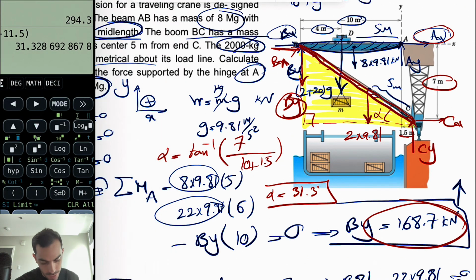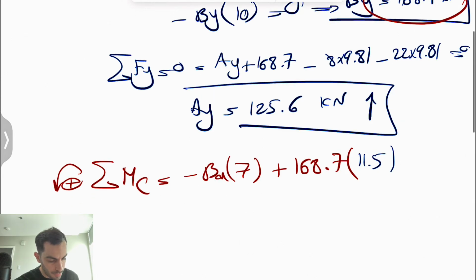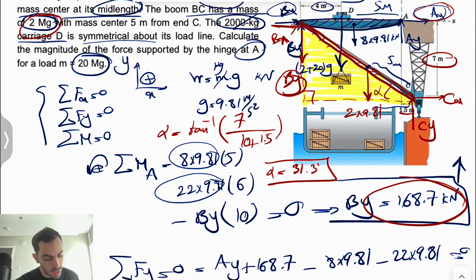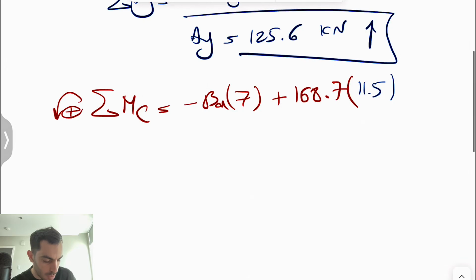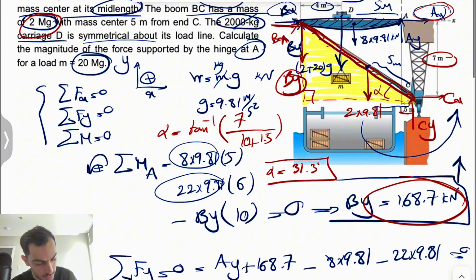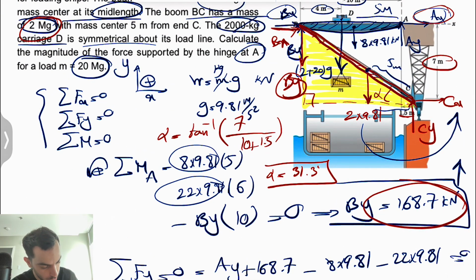All right, now that we have that, we're going to have the moment of the weight, which is in here. This one's also counterclockwise, so the force was 2 times 9.81, and for the distance, we now have another right triangle, which is this right triangle, and that's where we need the angle alpha.